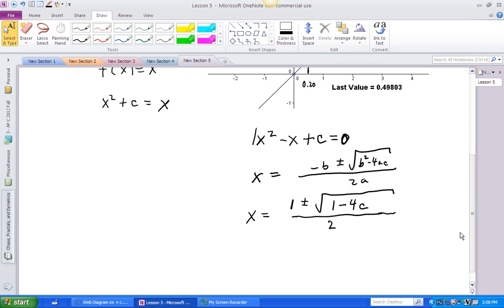Now, the question then comes, when is this equation valid? And since right now we're dealing with real numbers, it's only going to be valid when this is a real number.